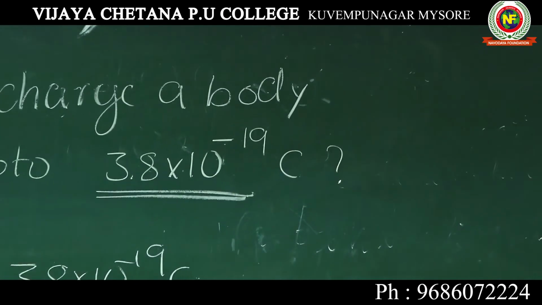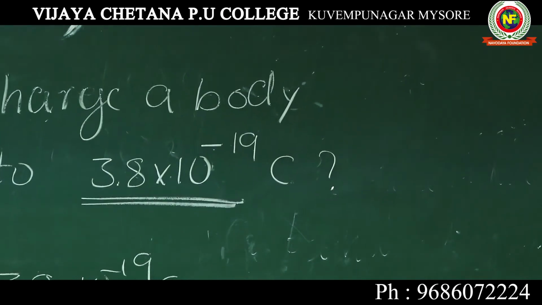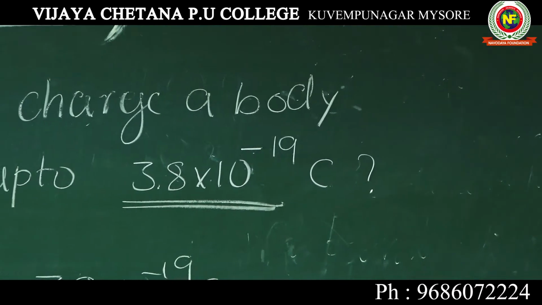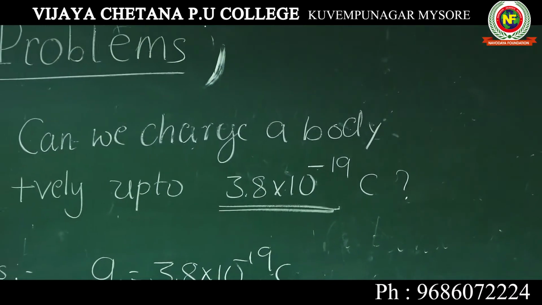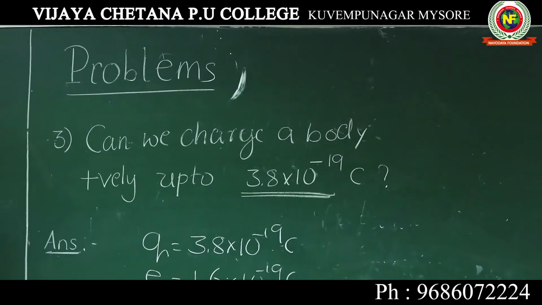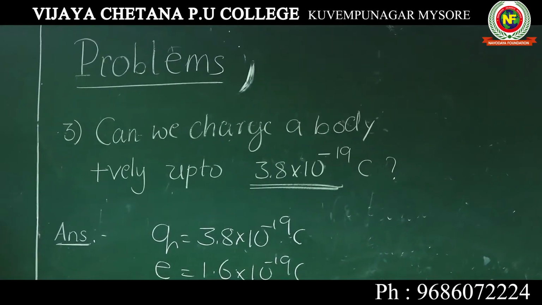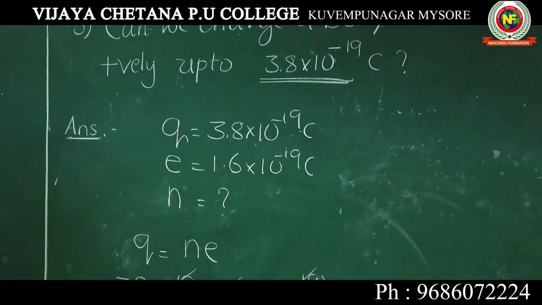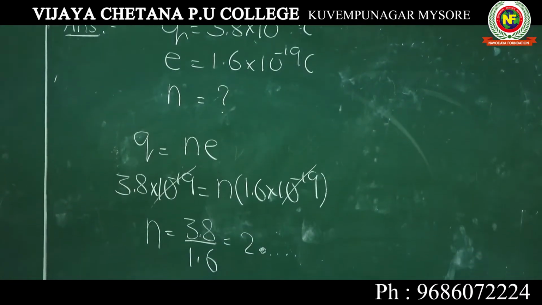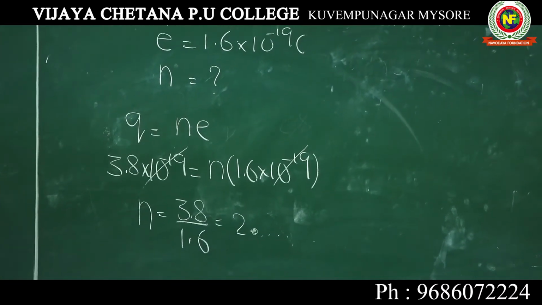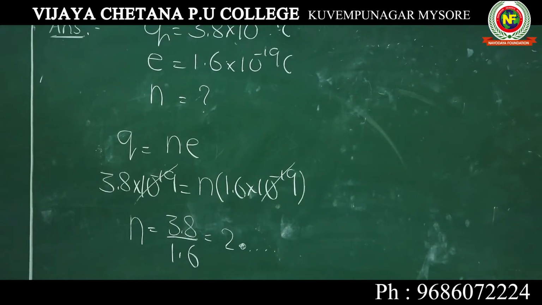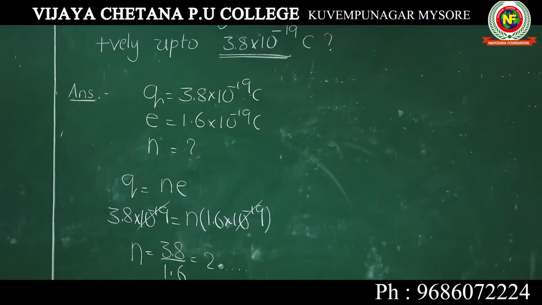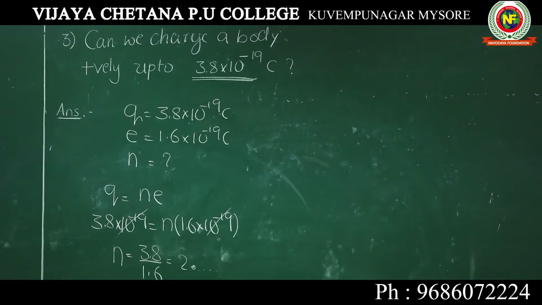Understood this properly? It is not a possible charge because the number of electrons involved becomes a fractional electronic charge. Fractional electronic charge does not exist freely. Therefore, this is not possible. Understood clearly?